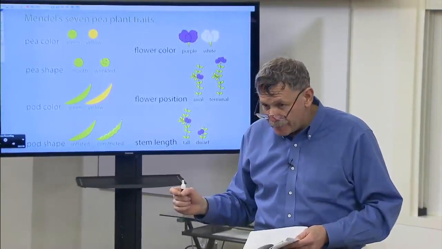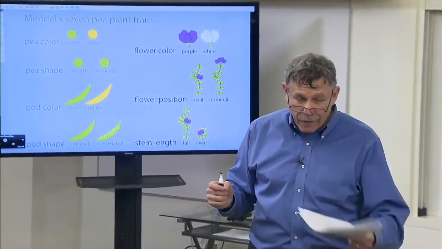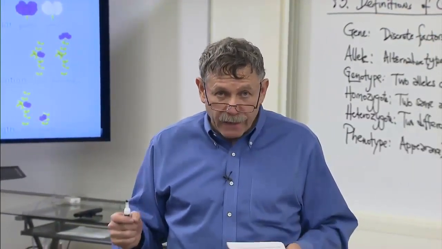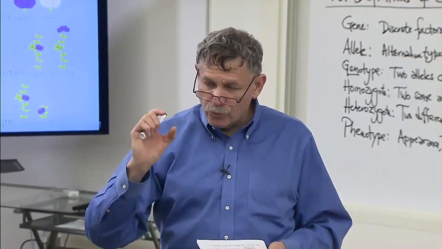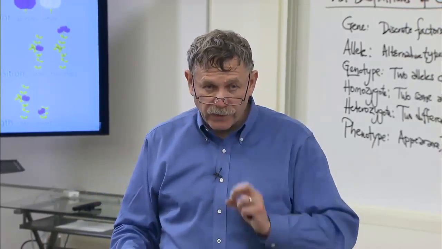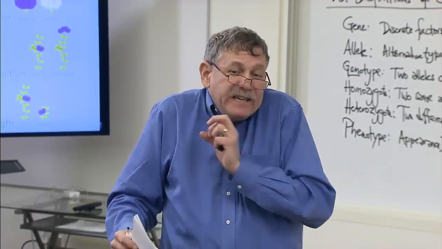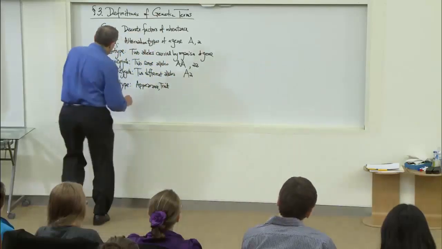Some phenotypes have the property of being dominant to other phenotypes. Which phenotype is dominant? Round seed color or wrinkled seed color? Round. That's an observation. We observe that the wrinkled seed color recedes, goes behind. So one phenotype is dominant.